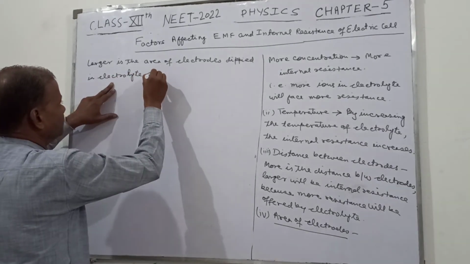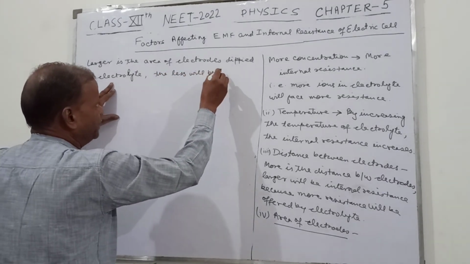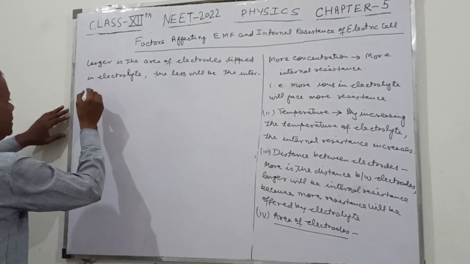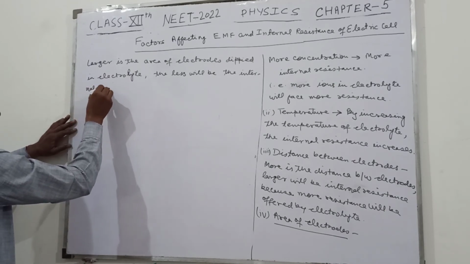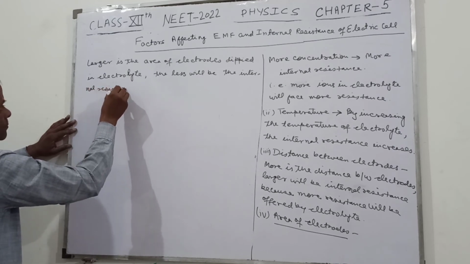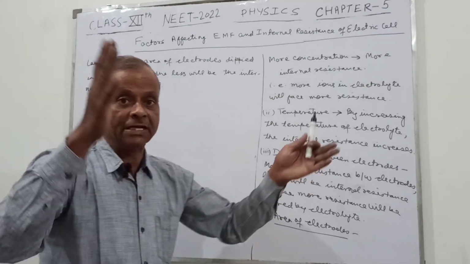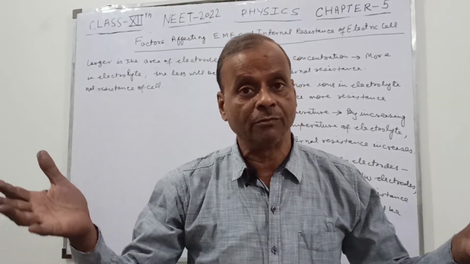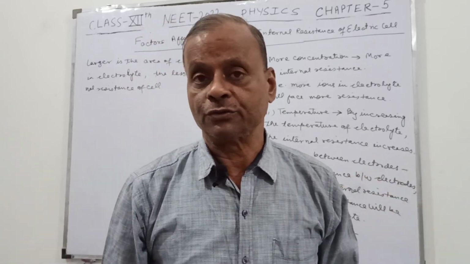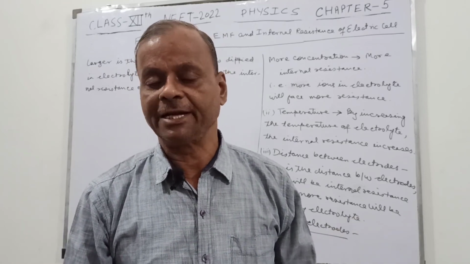the less will be the internal resistance of the cell. So why does this happen? When the area is more, when we are having a large area, then a large number of ions come in contact with the electrode, and because of that they have to face less resistance by the electrolyte.